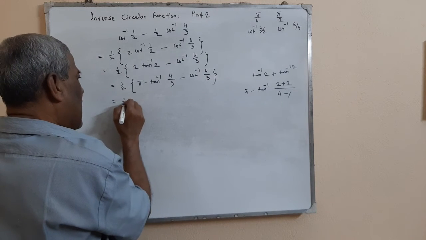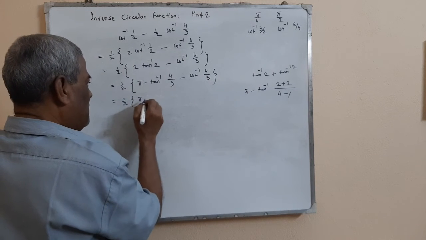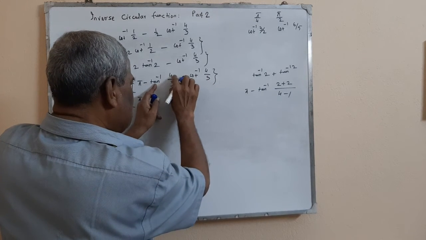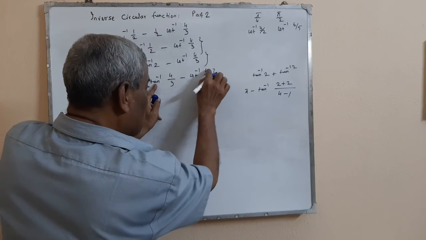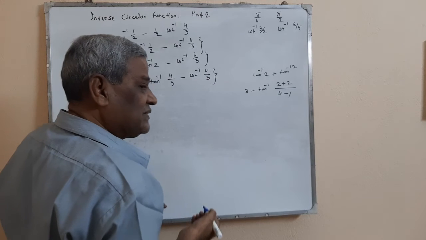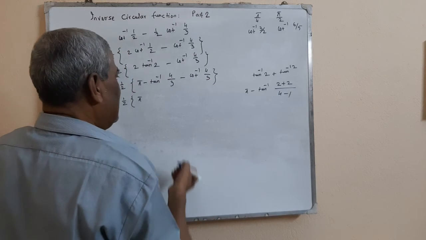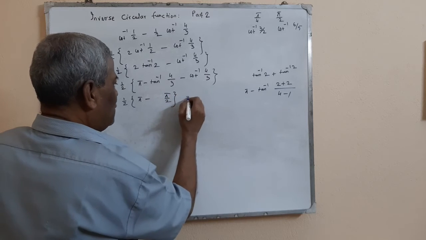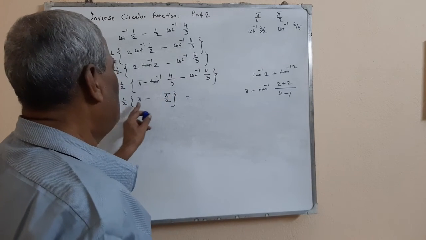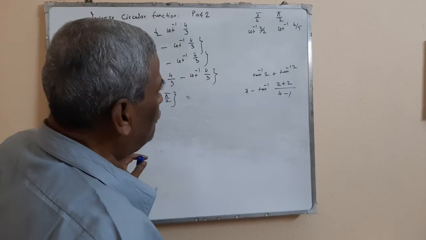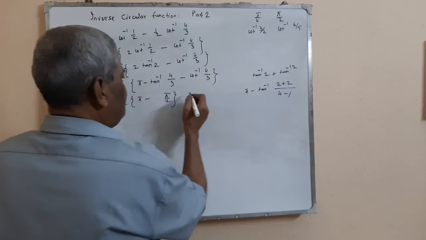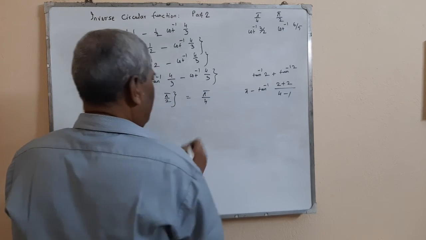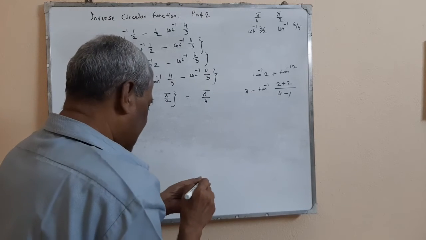Taking minus common, tan inverse 4 by 3 plus cot inverse 4 by 3, that is tan inverse x plus cot inverse x, nothing but pi by 2. So it is equal to half of pi by 2, that is pi by 4, the answer. First option is correct.